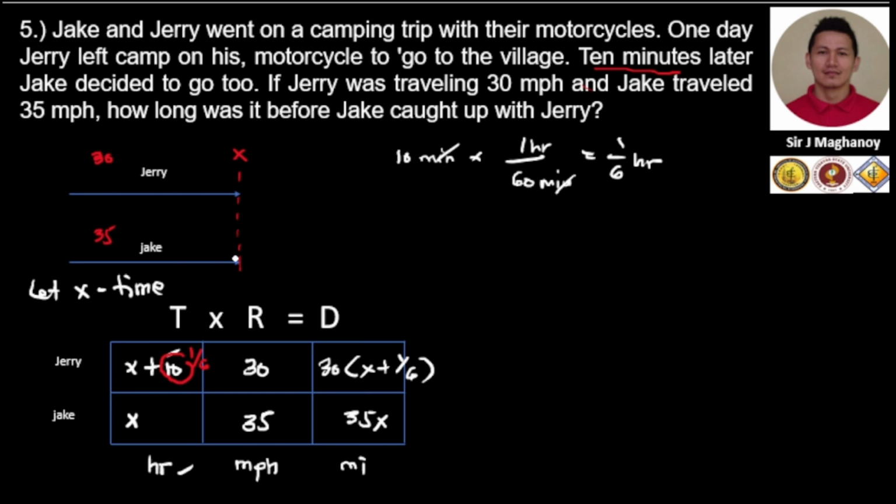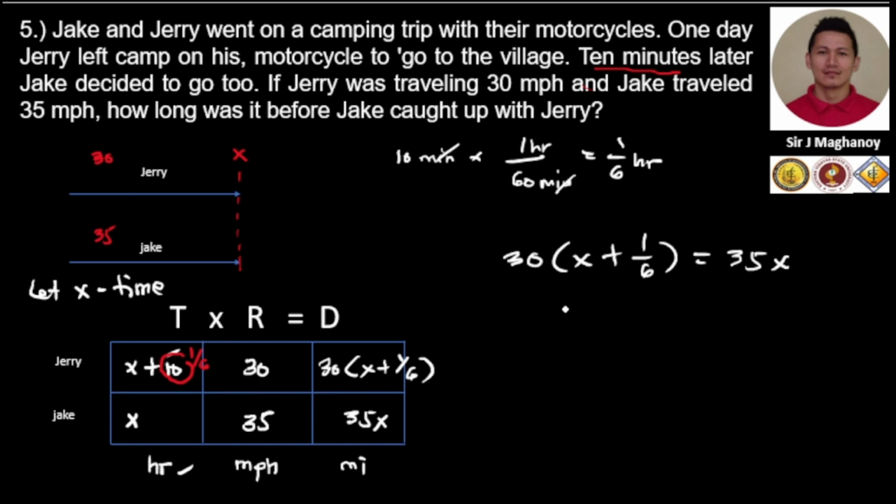Again, at that moment, they are equal in distance, right? So we can set up our equation right away. They are equal in distance. This is our 30 times the quantity x plus 1/6 is equal to 35x.